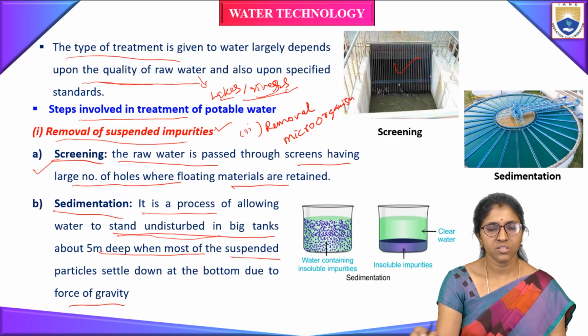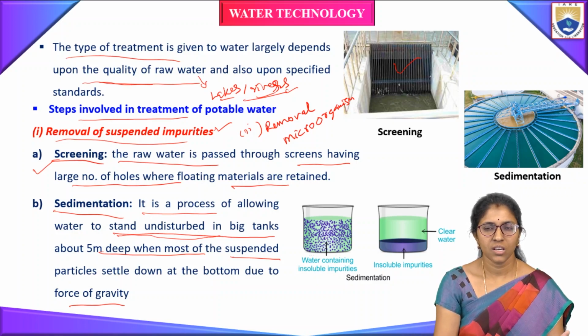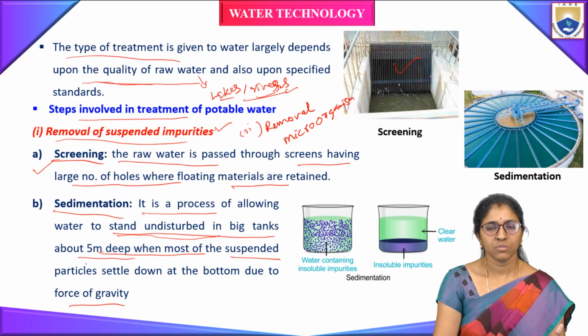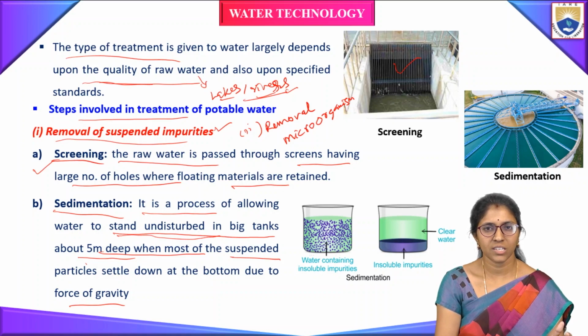So in this process, we have to keep the water without disturbing it, in big tanks about 5 meters deep. Then the suspended impurities present in the water will settle down.